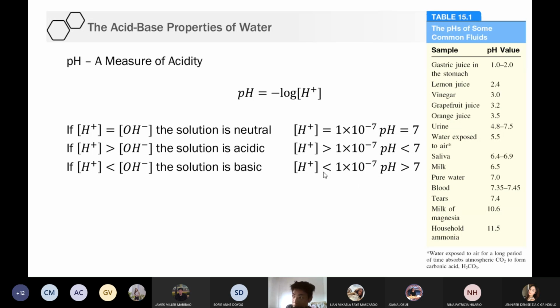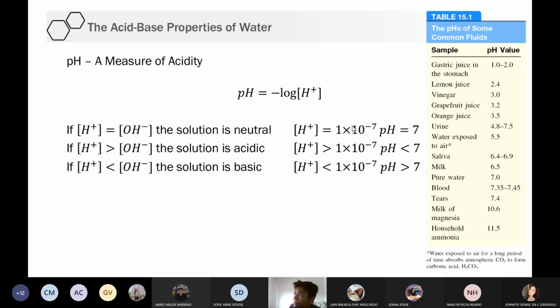Kapag mababa yung H+ concentration, mataas ang pH. No? Okay? So take note, kabaliktad sila ng trend because of the negative sign. Baka kasi isipin nyo, pag mataas yung pH, mataas concentration ng H. No. Hindi ganun. Kasi the equation tells us the otherwise.